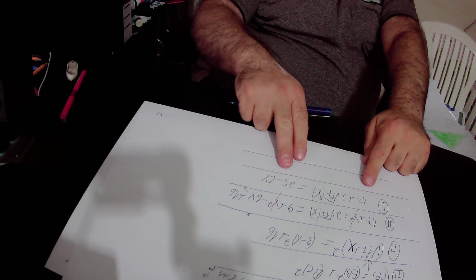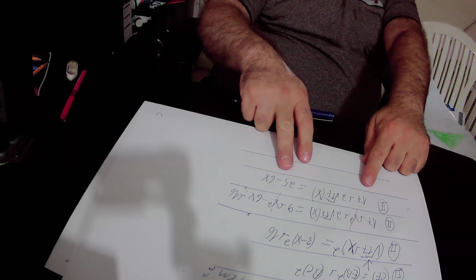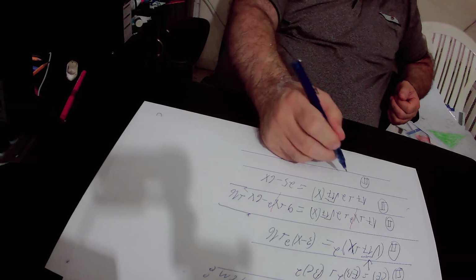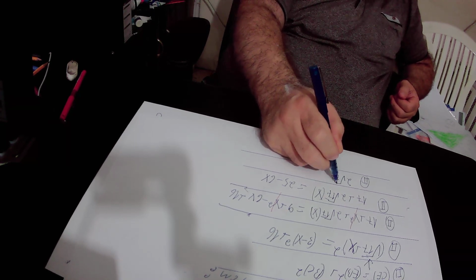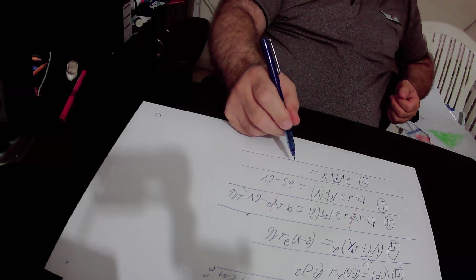Here we will subtract 17 from this equation number 2, and we will get that 2 times square root of 17 times x equals 25 minus 17, which is 8, minus 6x.